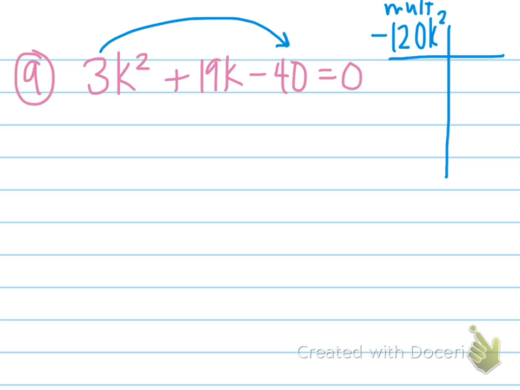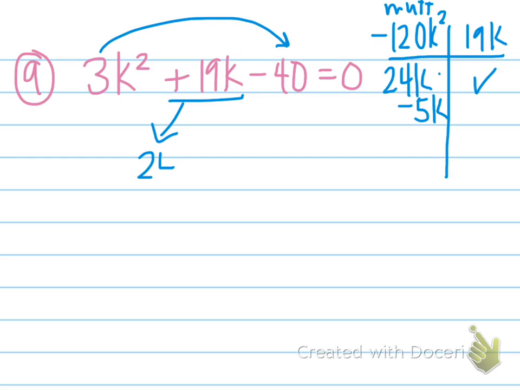And we're going to add to get the middle term, which is 19k. Well, this takes a little bit more thought because it's a rather large number, but after that thought, you'll arrive at 24k times negative 5k. Add together to give you 19k and multiply together to give you negative 120k.